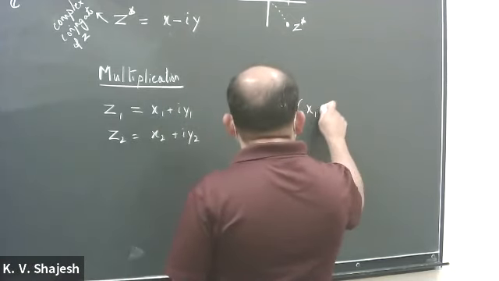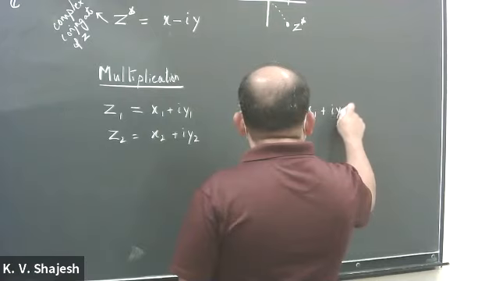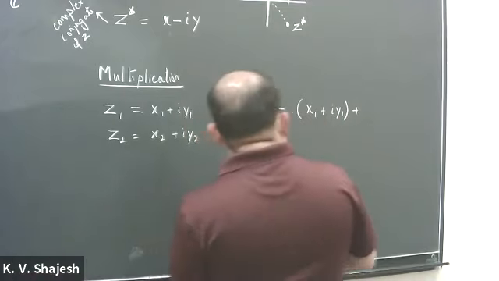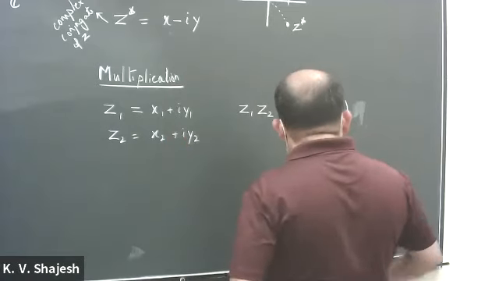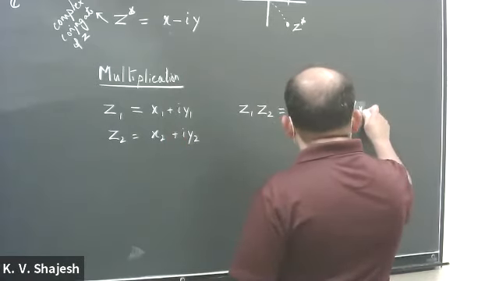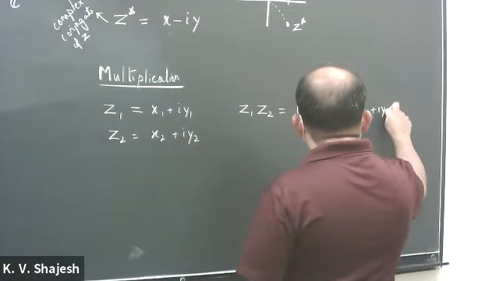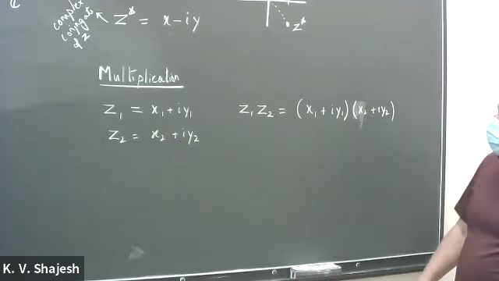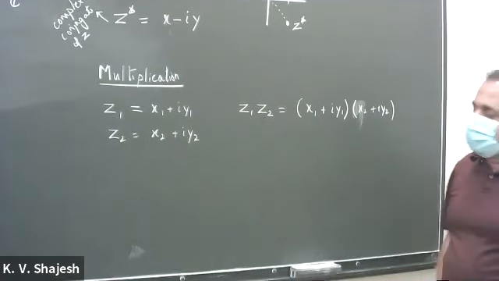It's x1 plus iy1, multiplication, x2 plus iy2. Now again, we have to generate rules for how we do the multiplication.